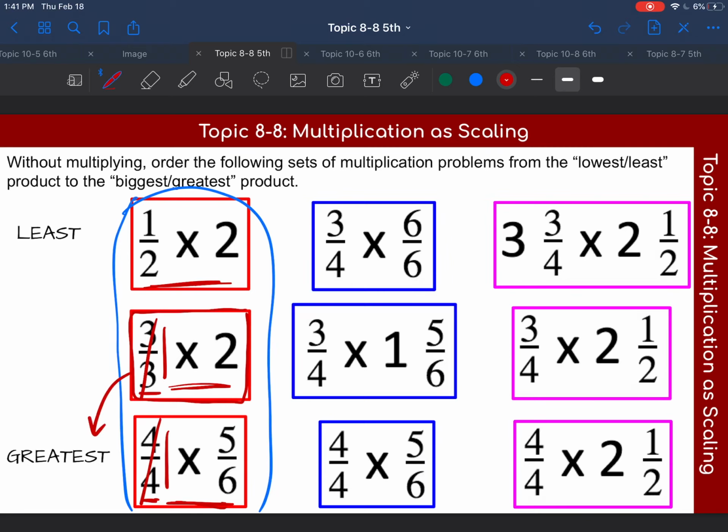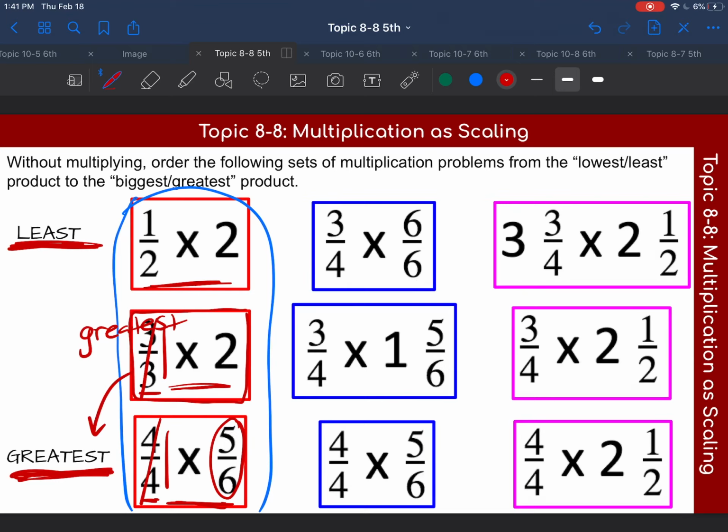That's going to be the greatest, so you're going to switch the order of these, with the greatest on the bottom and the least one at the top. That's the greatest because 2 times 1 is 2. And 1 times 5/6 is just 5/6, so we know it's less than 2.